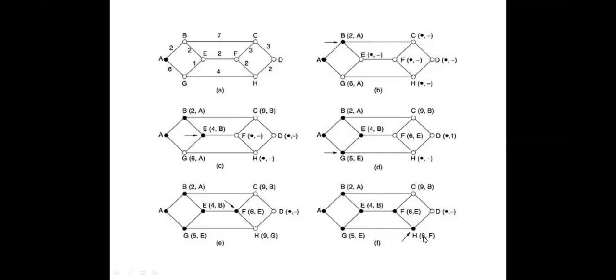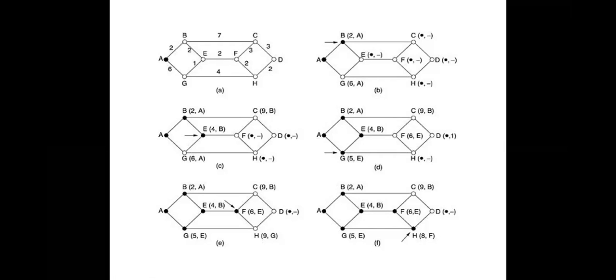So 8 comma F or 9 comma G, which one is better? 8 comma F is the shortest one compared to 9 comma G. So 8 comma F is better. After that, from here we move to D. That means 8 plus 2 is 10, 10 comma H is the last one.